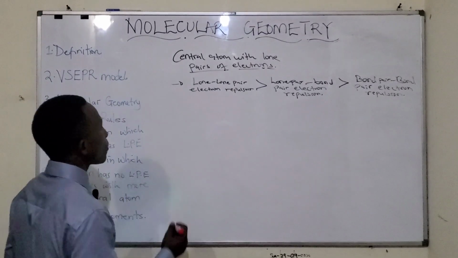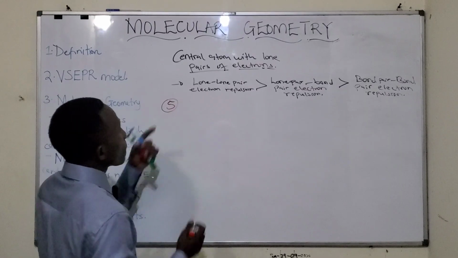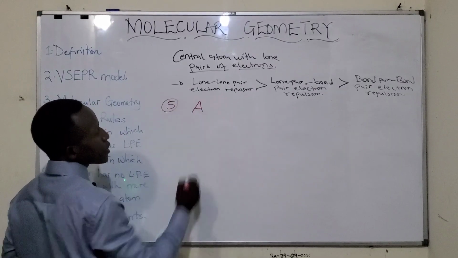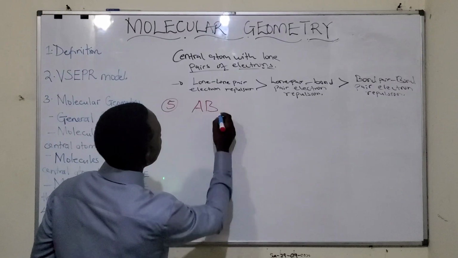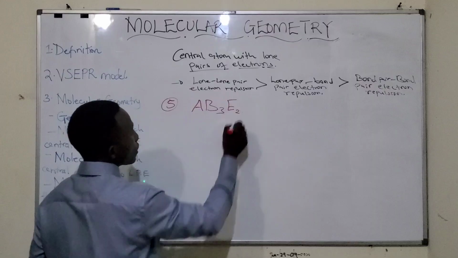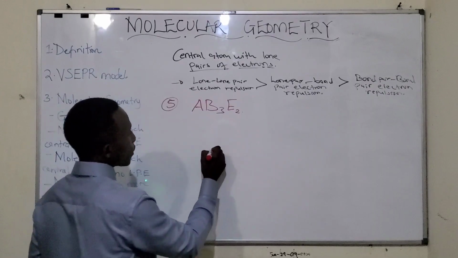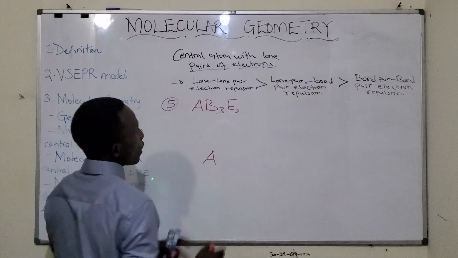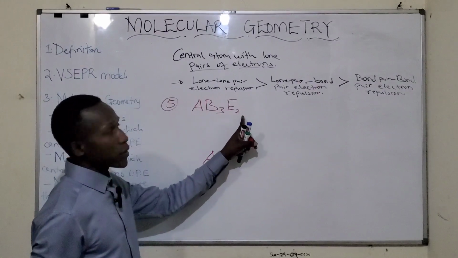Let's have another example, which is example 5. So if we have a central atom attached to 3 other atoms with 2 lone pairs of electrons. So we have our central atom. Now let's take as if these ones are also bond electrons.